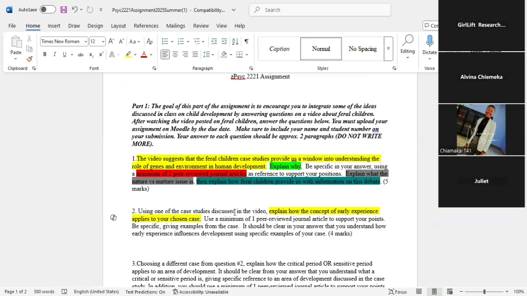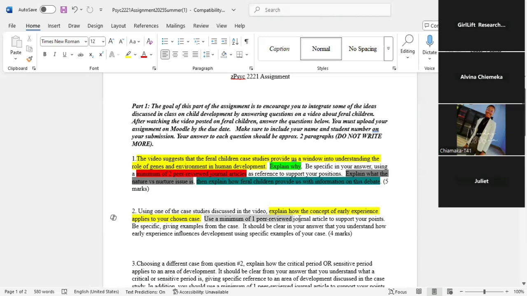Then the second, we use a minimum of one peer-reviewed journal to support the point. Yes, we need to find a journal that will support the particular point we've drawn from the video. So you highlight that as well.